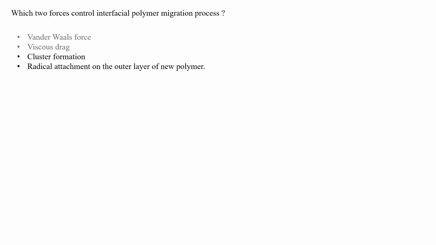Which two forces control interfacial polymer migration? Now it is asking how the interfacial migration is being controlled. Here we have first van der Waals force, then viscous drag, then cluster formation, and radical attachment on the outer layer of the new polymer.